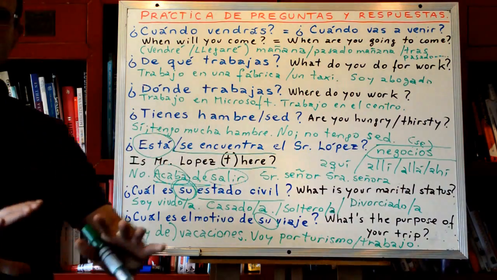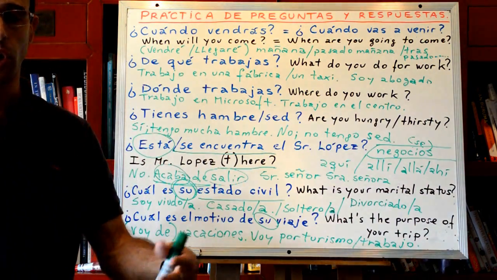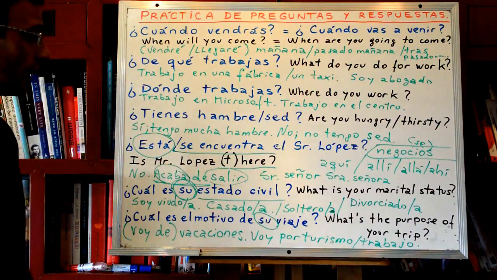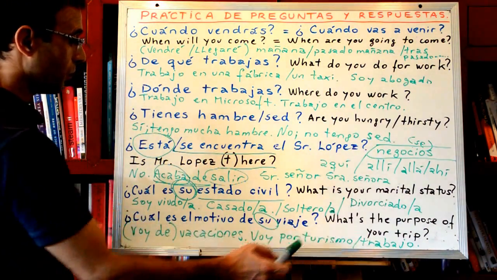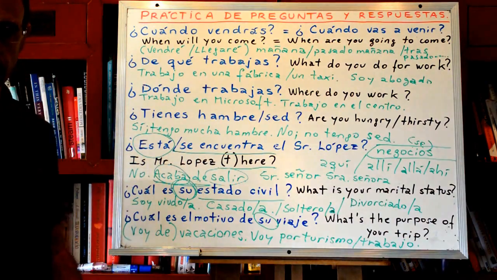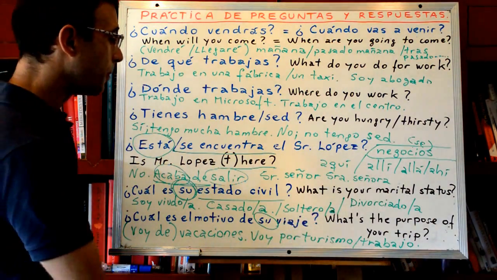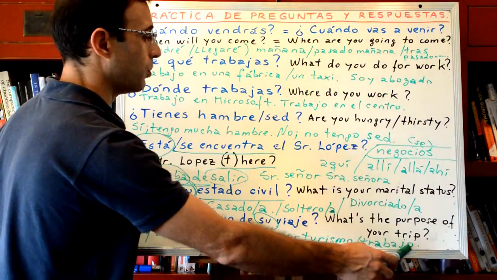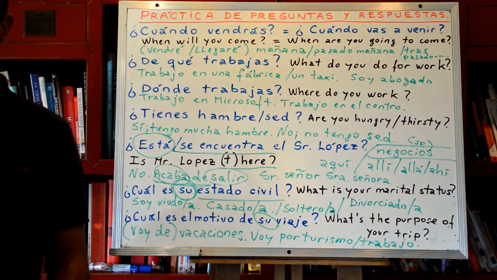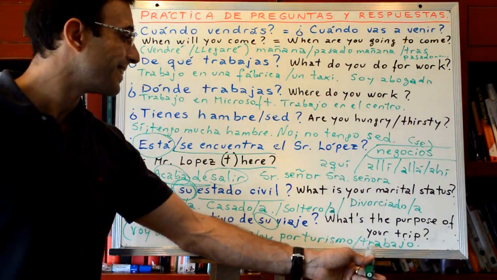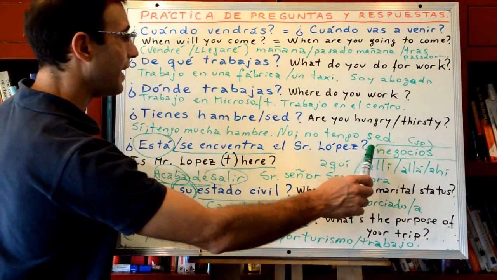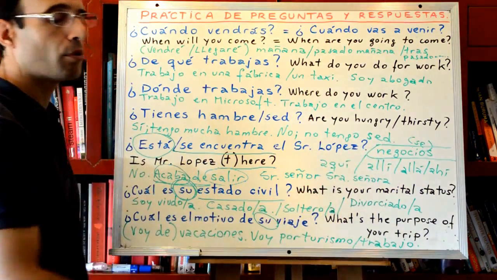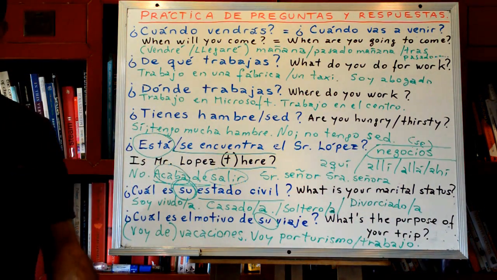So whatever has to do with tourism, with holidays, vacations, fun, is also referred to as turismo. Or voy por trabajo. I'm going for work. Or voy por negocios. I'm going for business.